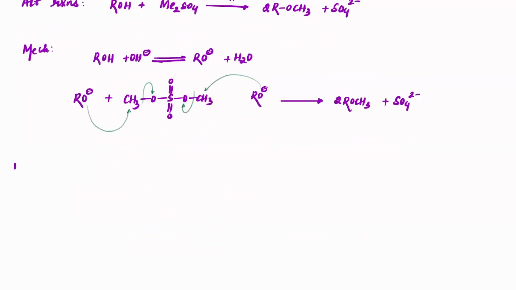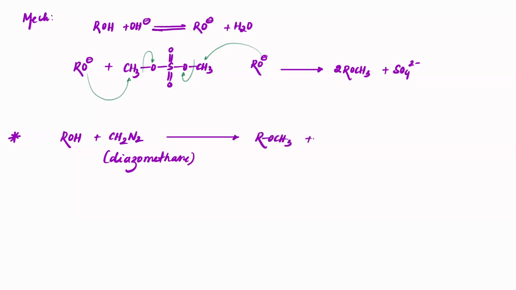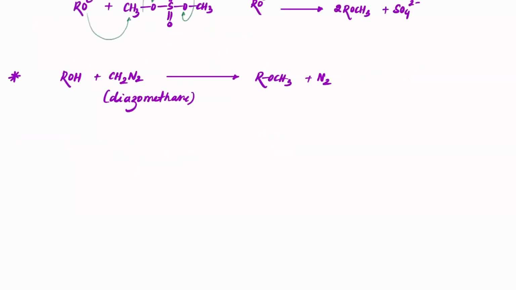Second reaction where this RO minus is useful: you don't even need a base when you directly use alcohol with diazomethane. Here also you end up getting ROCH3 plus N2. Now the mechanism. ROH plus diazomethane, which is structurally CH2 minus and N2 plus.